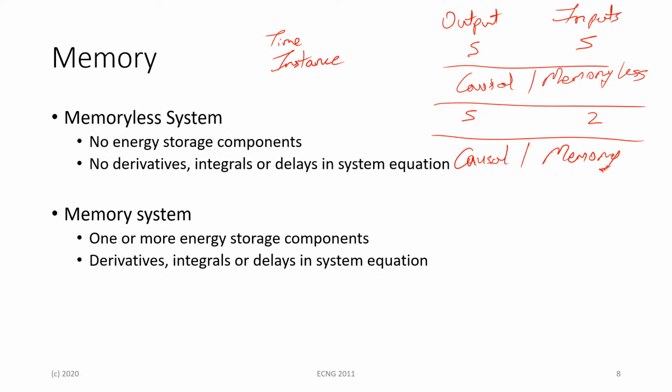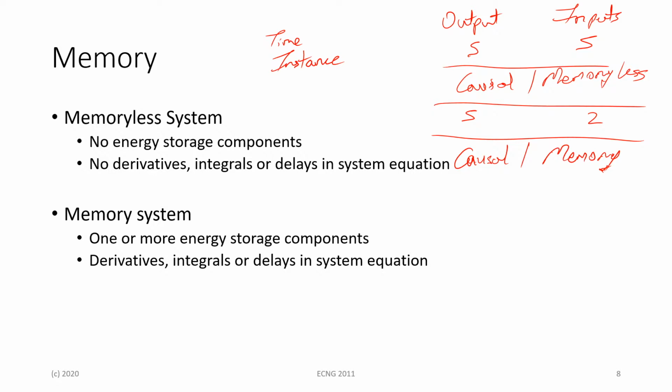So once you have to depend on past values in your input to get your current output value, you will always have memory. If you are at the same time instance, or if you are dependent on future time instances, there will be no memory involved.